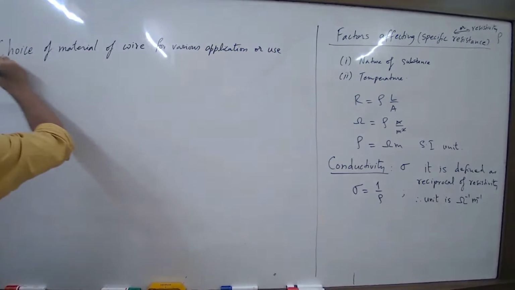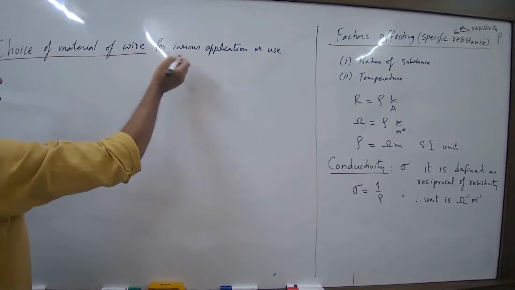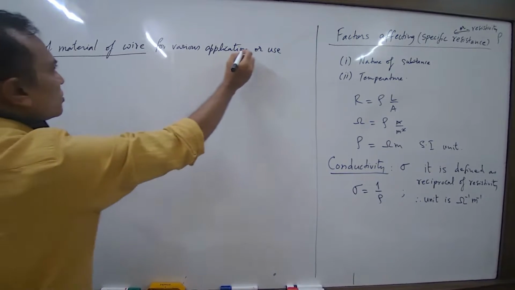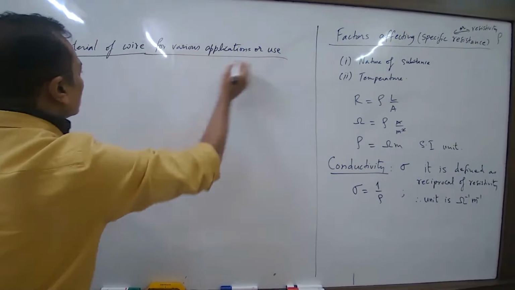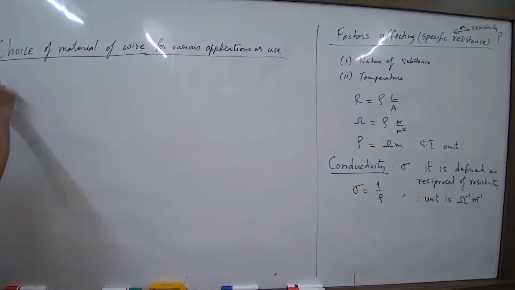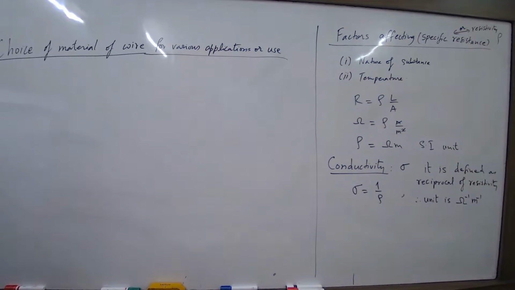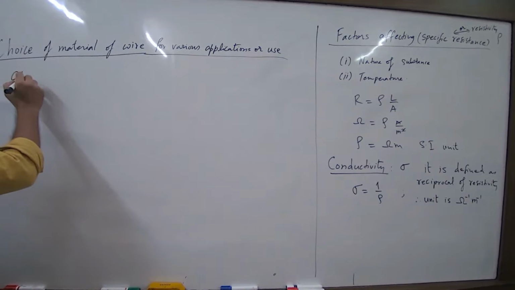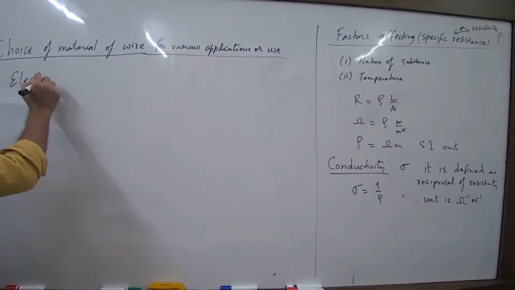The title, choice of material of wire, actually means for various applications or use. So first, whenever we are using a wire for electrical connection, what kind of wire will you take?